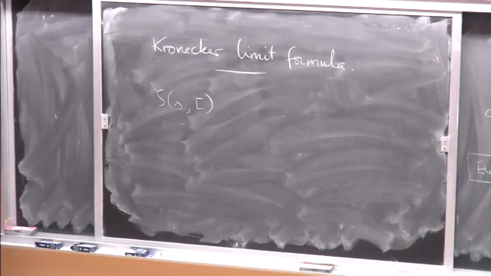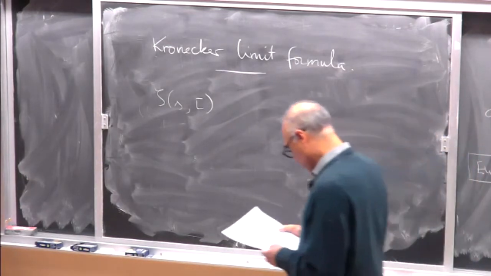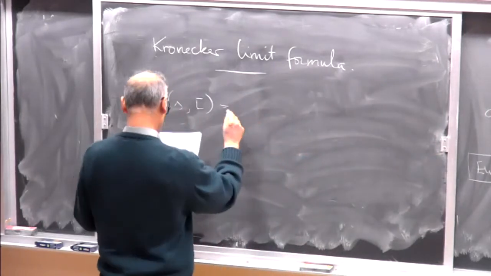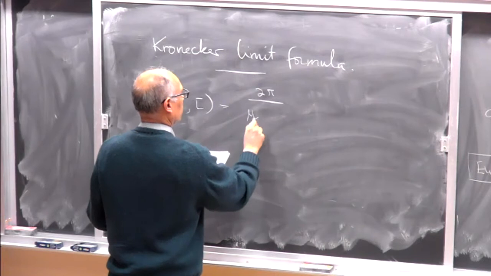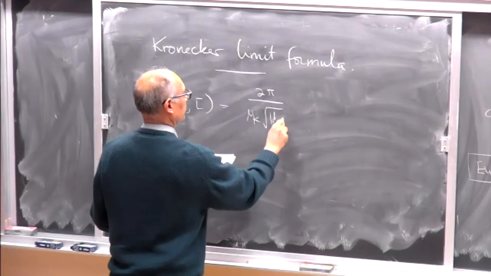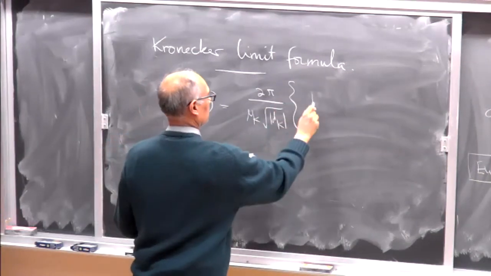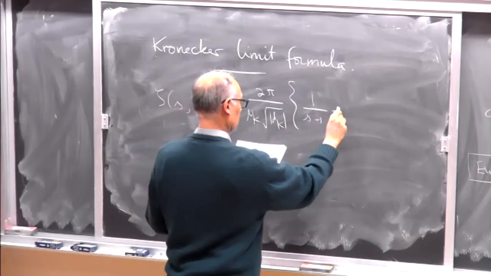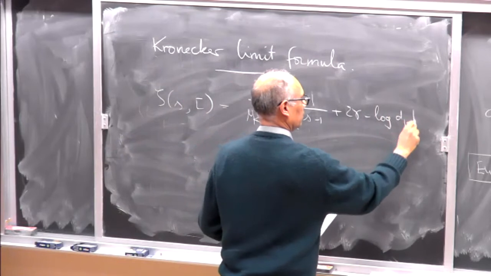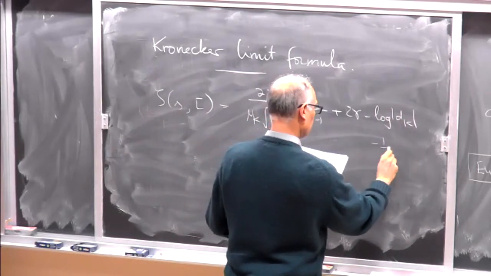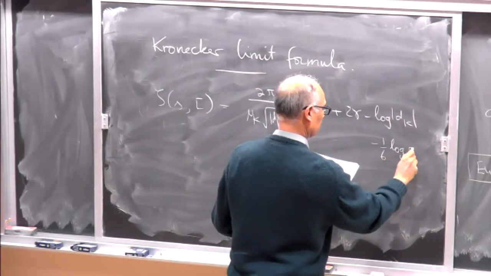Obviously this will converge absolutely for real part of s bigger than 1. It has an analytic continuation. It also has a simple pole at s equals 1. And the expansion near 1 looks like this, again with a lot of beautiful numbers. 2 pi over the number of roots of unity times the square root of the discriminant. And then some class invariants, which I'll just write like this.